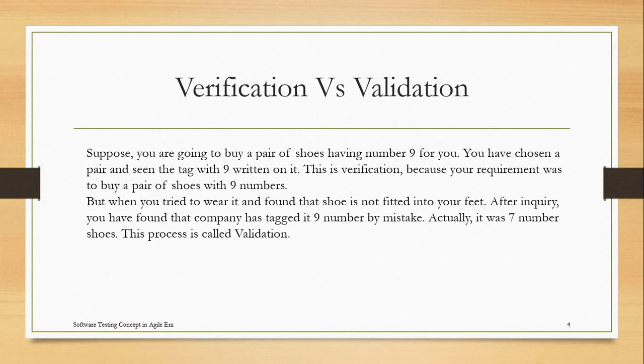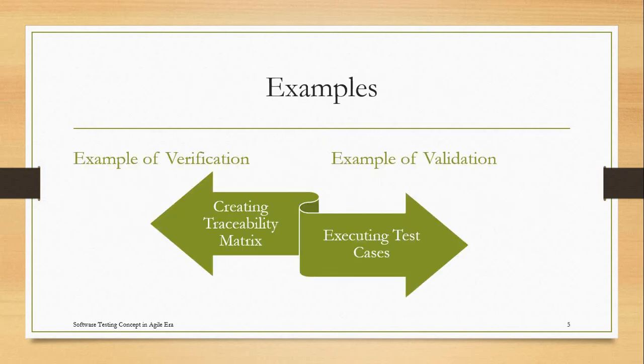The verification and validation. If I go into more detail and give you an example from the testing perspective, the example of verification will be a checklist or creating a traceability matrix, right? Where you need not execute anything to evaluate it, you are just comparing two things to evaluate something.